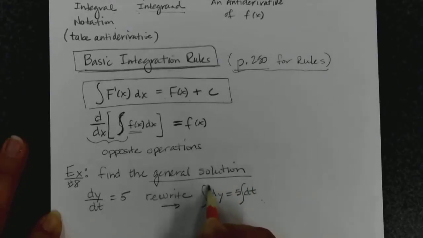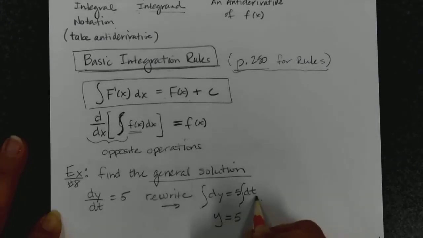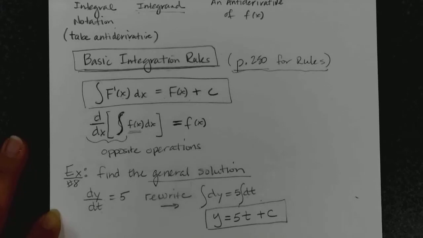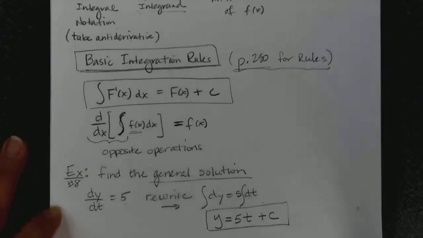The antiderivative of dy is y, and that is equal to 5 times the integral of dt. The reason I put the 5 outside of the integral is one of the basic rules: you can pull out the coefficient. The integral of dt is just t plus C. And this is the general solution of this differential equation, dy/dt equals 5.